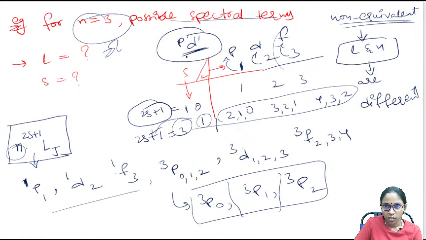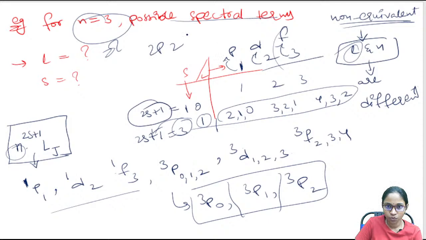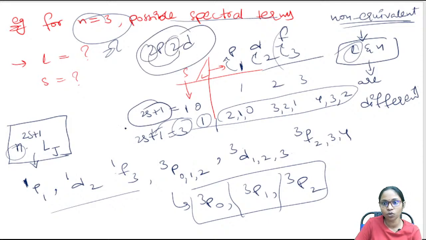So if you check this one, PD, that means we are having 2 different subshells, so L values will be different. Here the L value is different. If you mention the N value, for example, I am having 2P 2D. In this case, N values are same, N is equal to 2 only, but L is different.